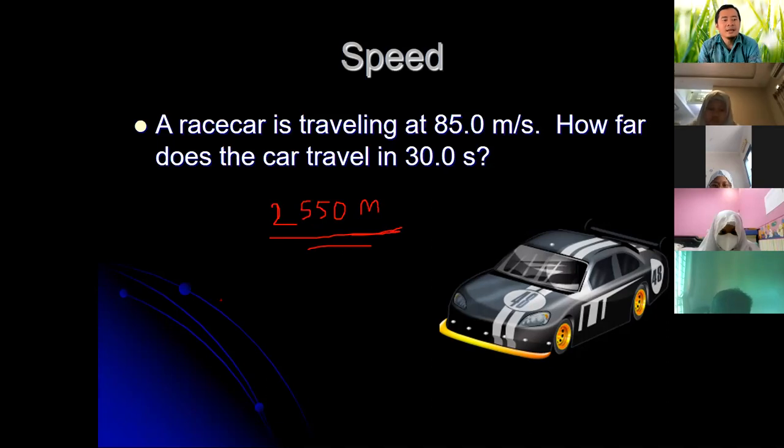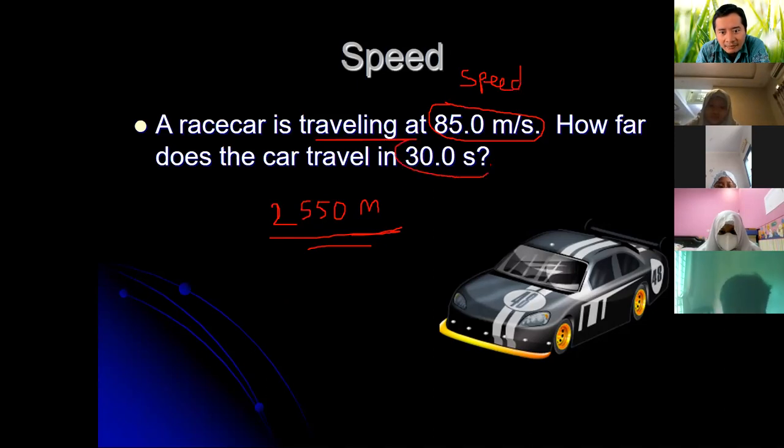Okay. And maybe there are some other answers. This is the speed, isn't it? This is speed, yeah. And then this is time, see? So we have to find out the distance.